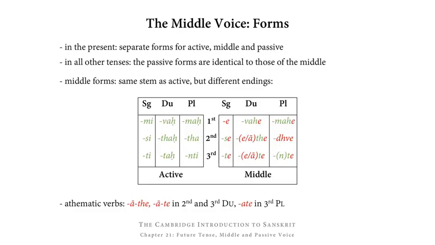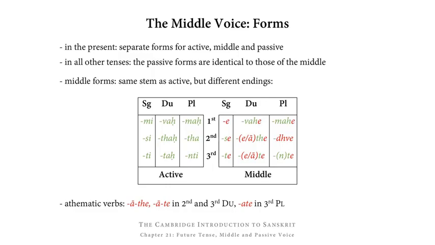Now notice we have two different vowels in front of each of these dual forms, and the thing about those is that we have athe and ate in the second and third dual of athematic verbs. Ethe and ete are what we find in those forms in thematic verbs.